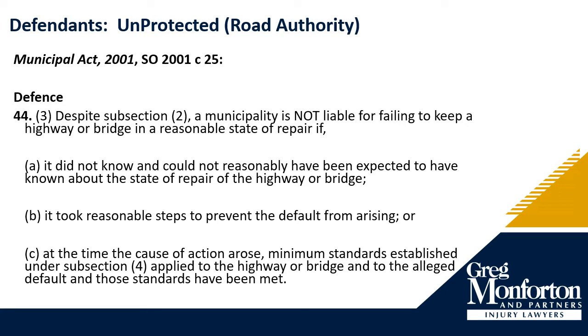Now, the government has set these minimum standards to indicate what is expected of municipalities. And so long as they meet the minimum standards, they will not be deemed liable.